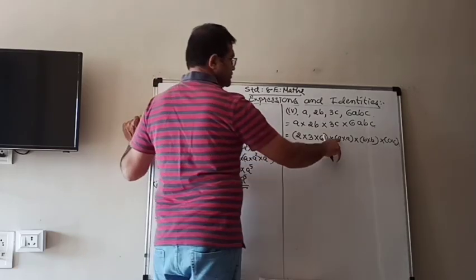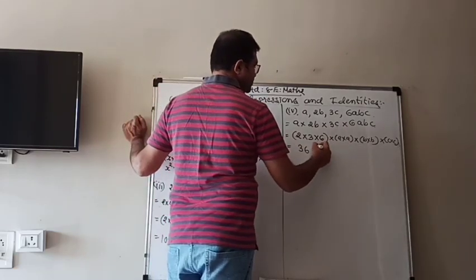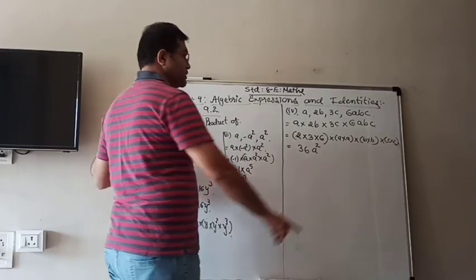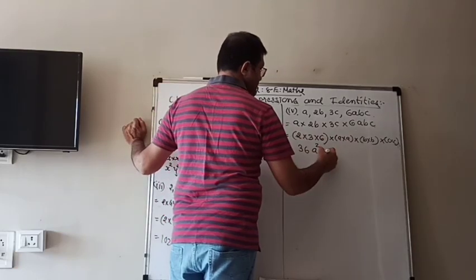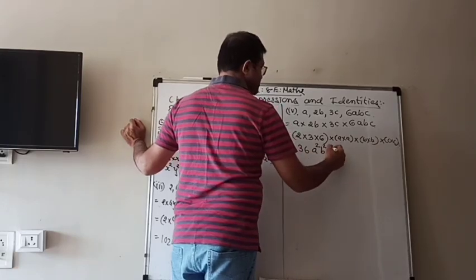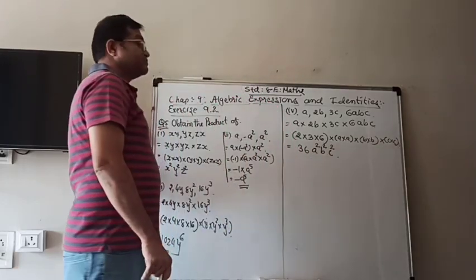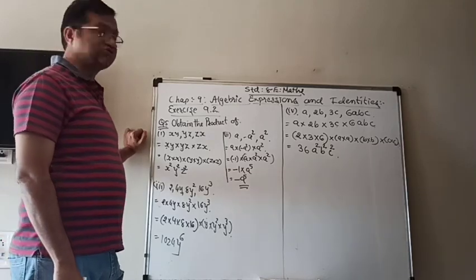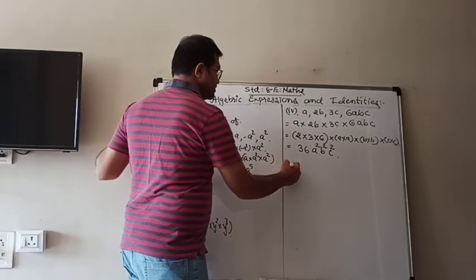A into A, 1 plus 1, 2. So 36 A square. B multiplied by B is B square. C multiplied by C is C square. So the answer is 36 A square B square C square.